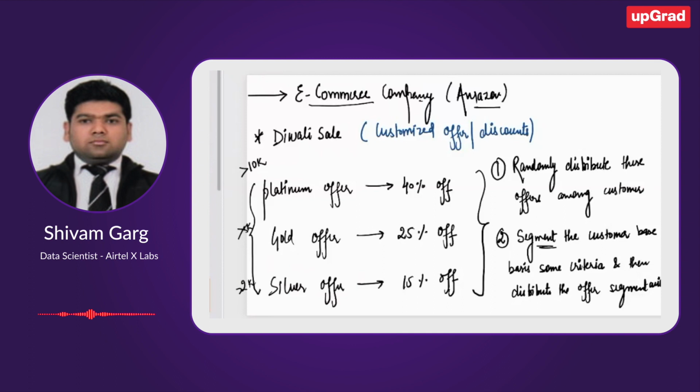Okay, so they currently have three offers: a platinum offer, a gold offer, and a silver offer. These are the three offers that they want to give. So for the platinum offer, there will be 40% off, the gold offer will have 25% off, and the silver offer will have 15%, let's say.